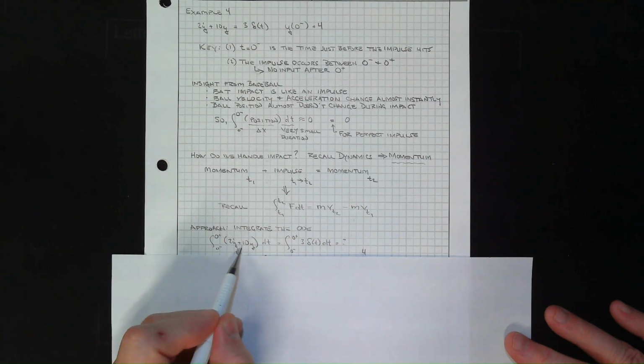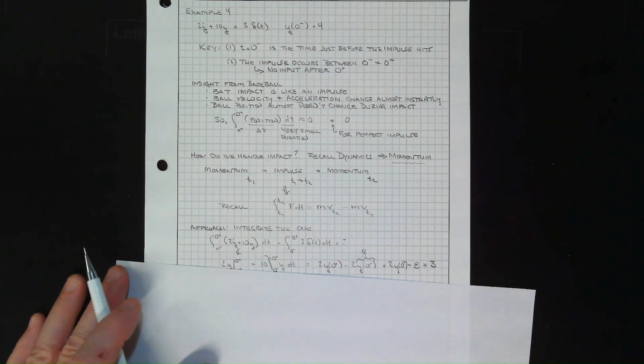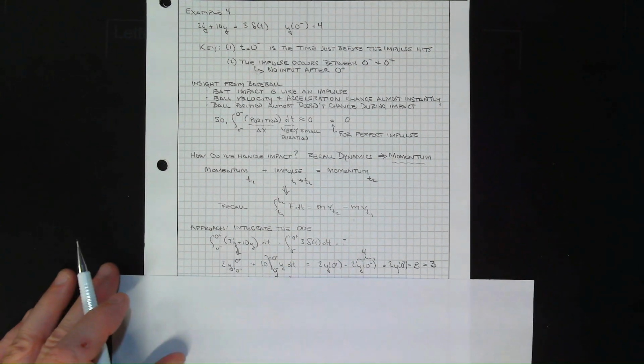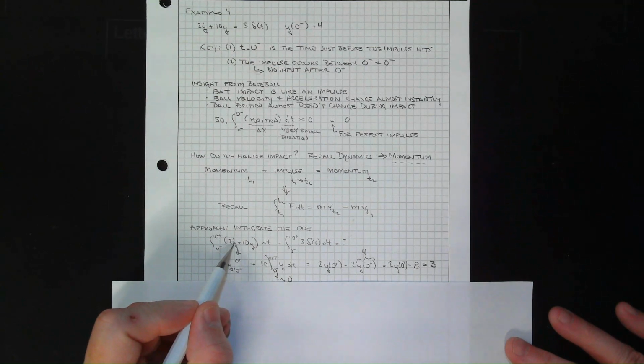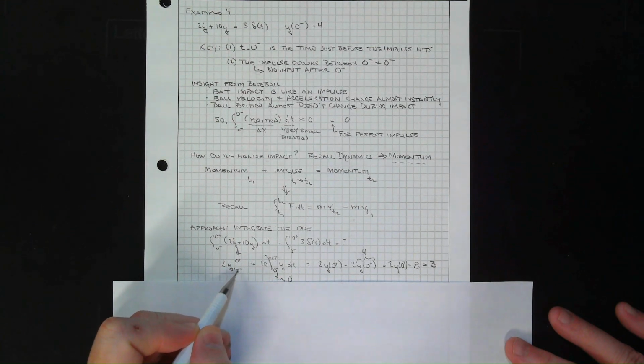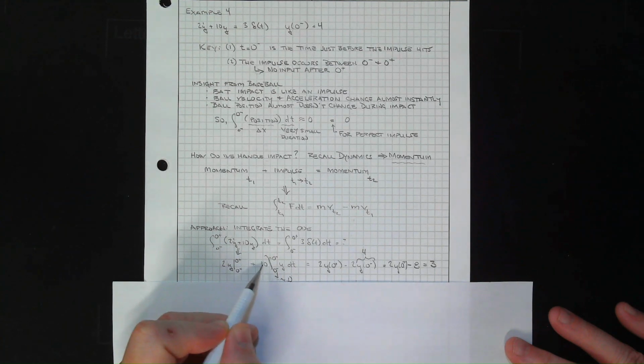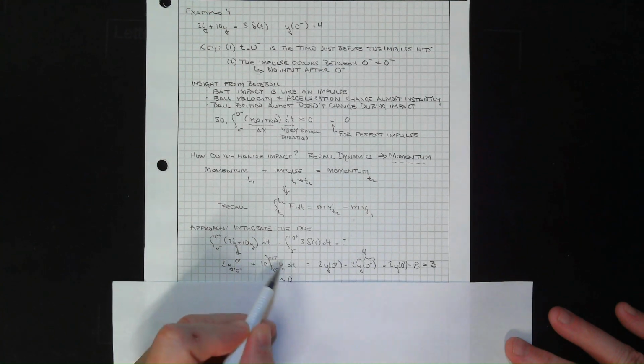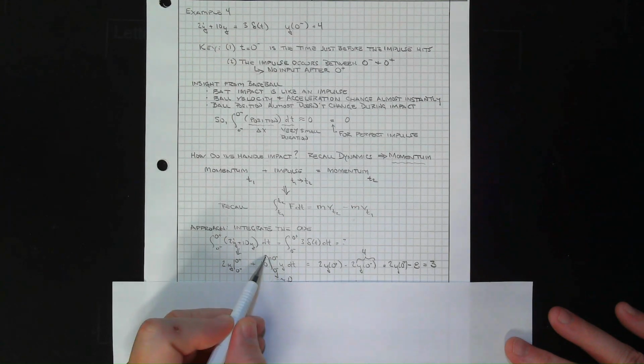Now we're going to take a look at this side. If I integrate 2y dot, I get 2y from 0 minus to 0 plus, plus 10 times the integral of y dt. We just had a discussion over this. This is 0. This term goes bye-bye.